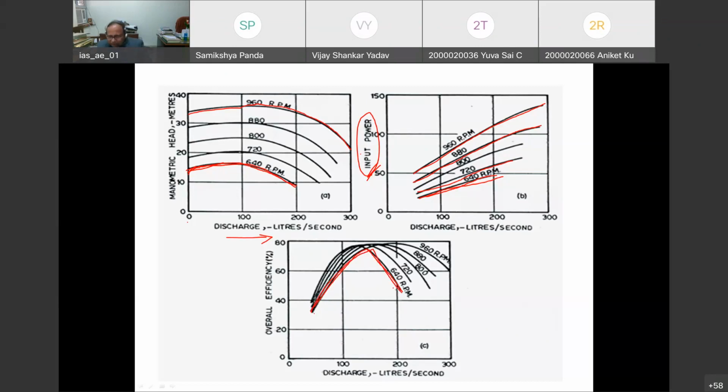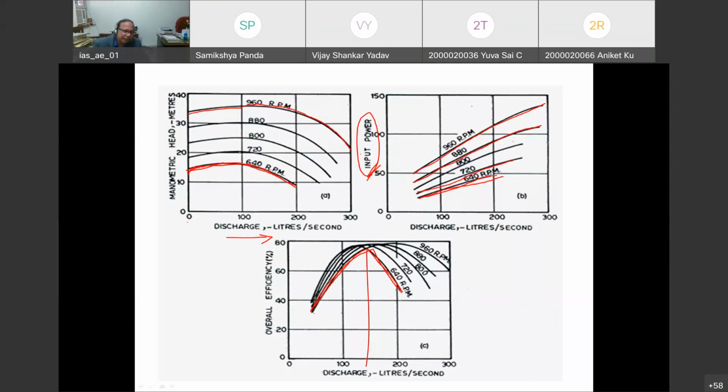So this is the scenario in the case of the centrifugal pump. You cannot say that if you increase the discharge, efficiency will again increase. It will increase up to a certain discharge, and after that, you can say this is the discharge line.